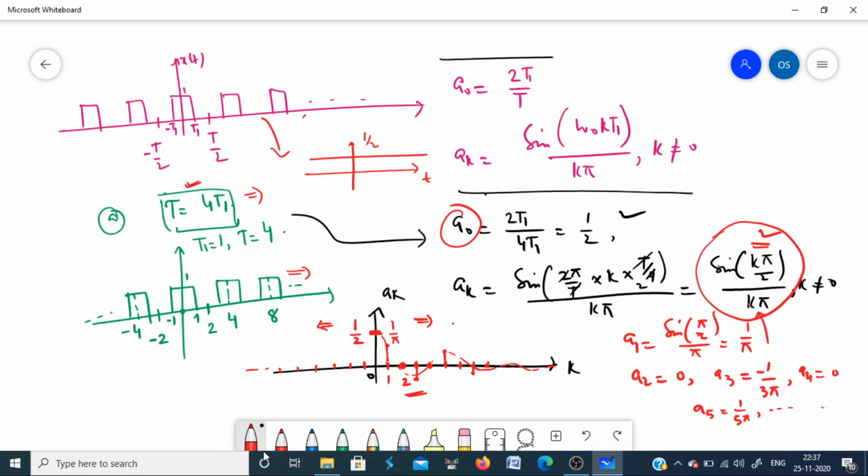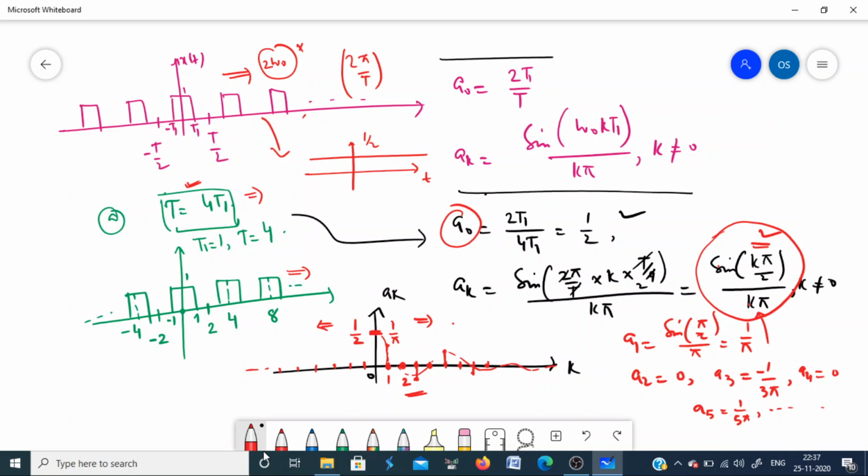We have another frequency, the first fundamental frequency when k is equal to 1, that is 2 pi by T, and the magnitude of this will be 1 by pi. And the second harmonic is 0. It means this signal does not contain any frequency 2 omega naught.